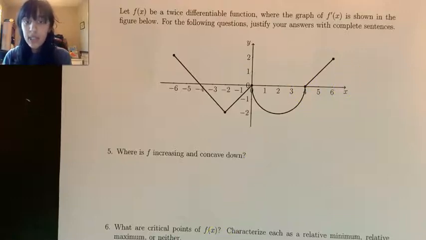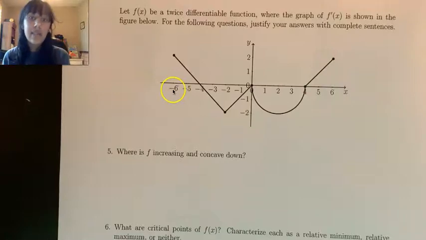And then we want to see where it's concave down. In order to be concave down, f prime has to be decreasing. So f prime is decreasing from -6 to -4, but it's increasing from 4 to 6. So the interval of 4 to 6 only meets one of the requirements, so that's not going to be the answer.